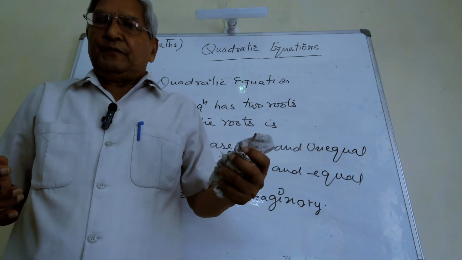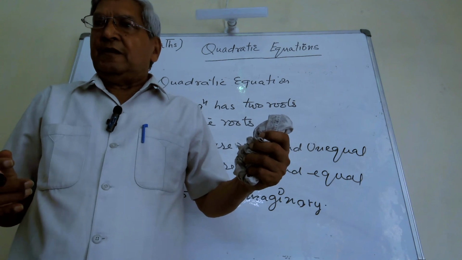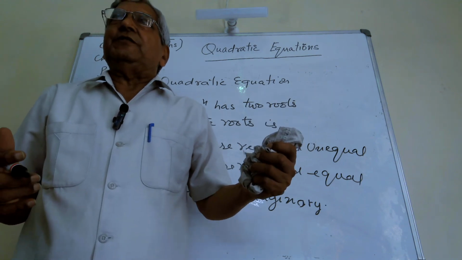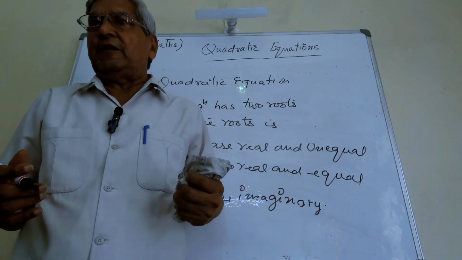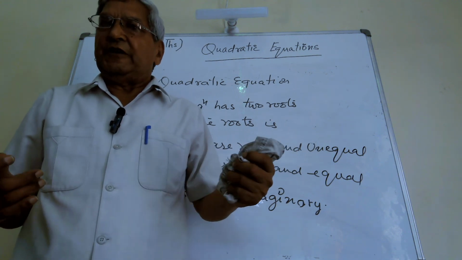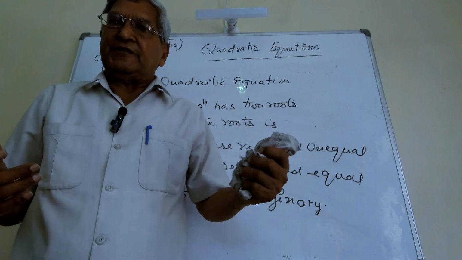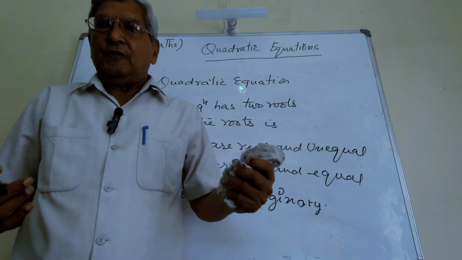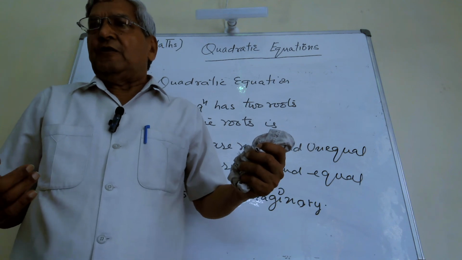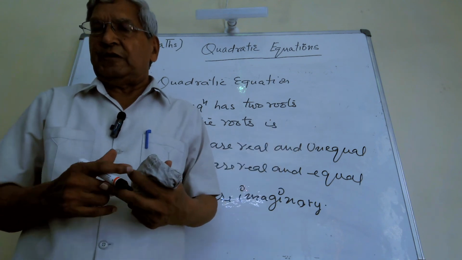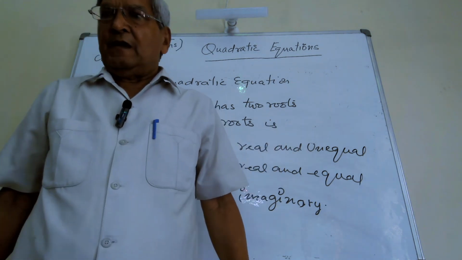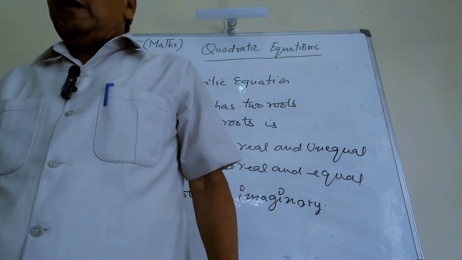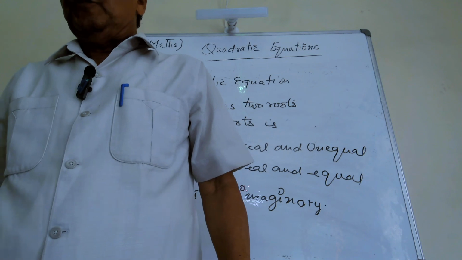By the first method, by factorization, we will get the roots of the quadratic equations. We will take different examples from the NCERT book, and then you will see how you will get the roots of a quadratic equation. In the last, my dear students, I do hard work for you.